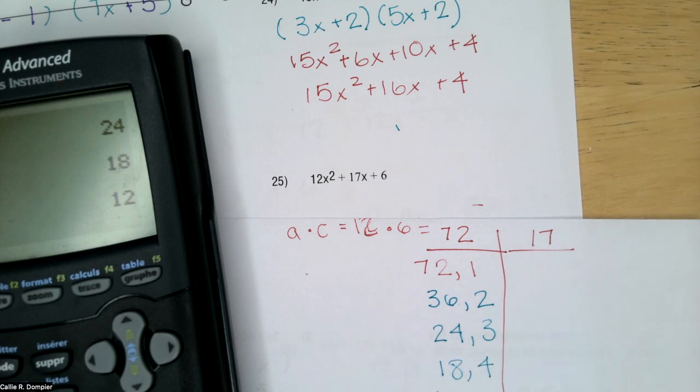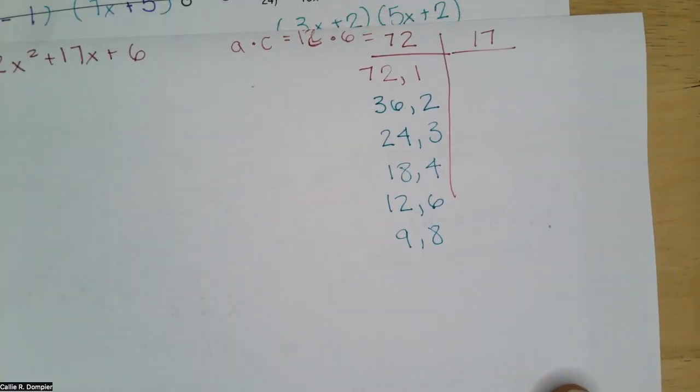Do 12 and 6 add up to 17? No. 72 divided by 7? No. 72 divided by 8? 8 and 9. Do 9 and 8 add up to 17? They certainly do.